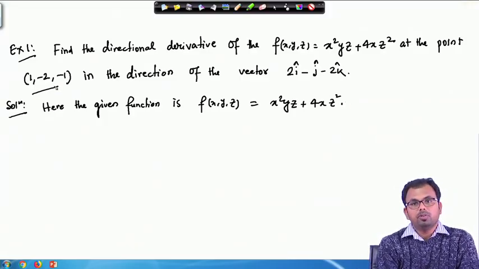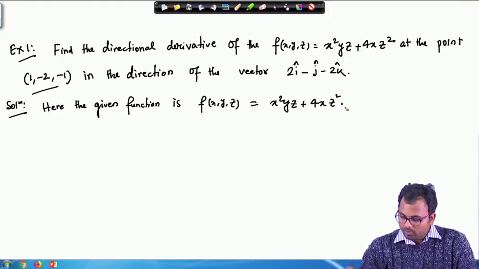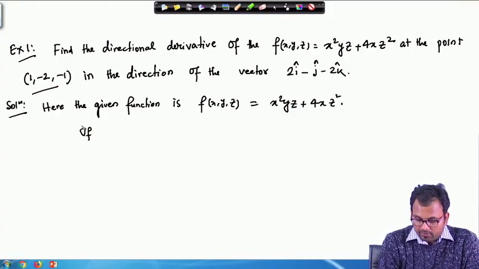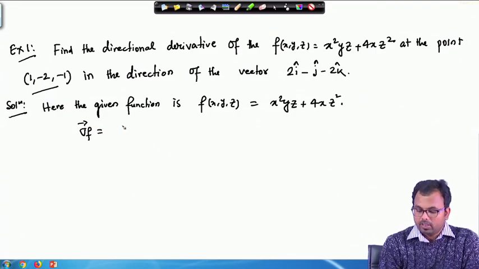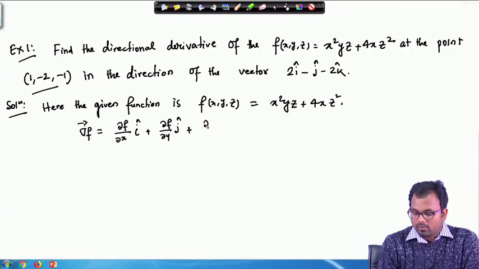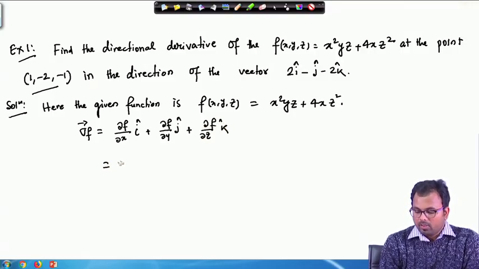This is our point p. We will calculate the gradient of f, which is a vector quantity, and the gradient of f would be del x of f times i, del y of f times j, and del z of f times k.